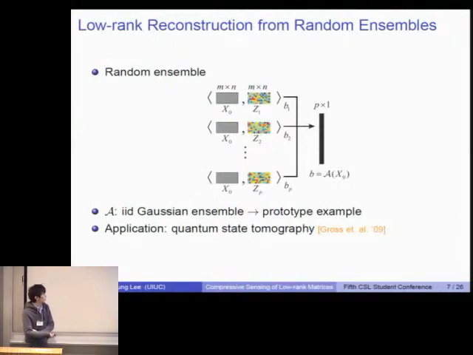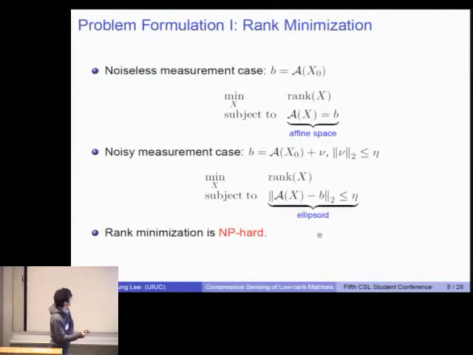If the linear operator is an IID Gaussian ensemble, this is a well-studied prototype example for developing theory and algorithms for compressive sensing of low-rank matrices. Another related application is applying the idea of low-rank compressed sensing to quantum state tomography. It was studied by David Gross last year.